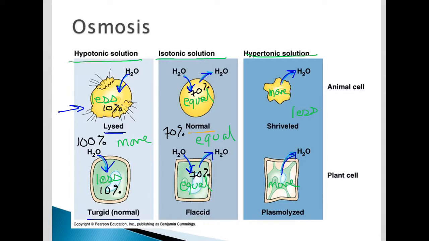And because water is moving out of the cell, it will shrivel. So an example of this, let's just say there was 70% water inside the cell and 30% water in the solution. Water wants to go to an area where it's less concentrated, so it will go out. So we will say that a cell is shriveled or plasmolyzed here. And of course, no cells like that.